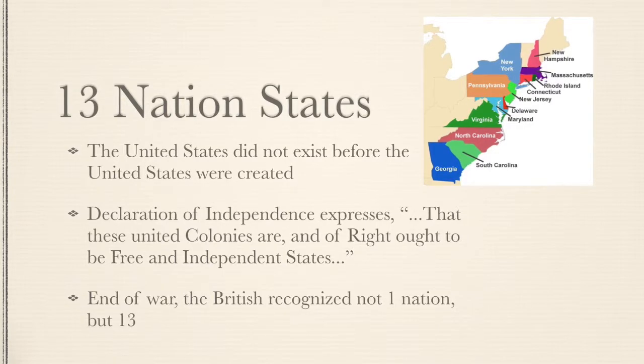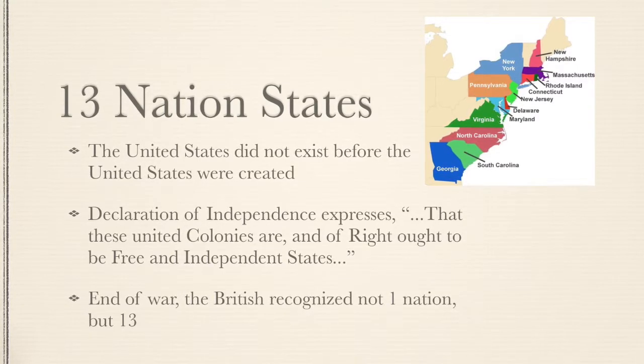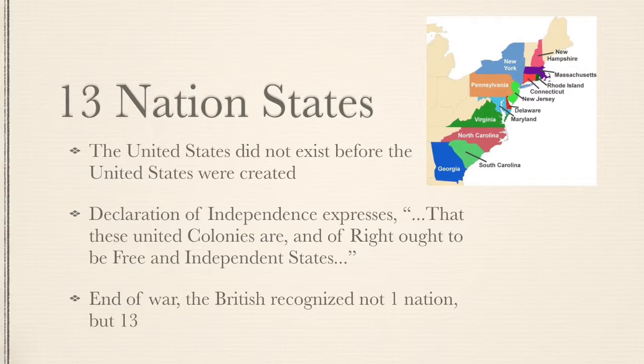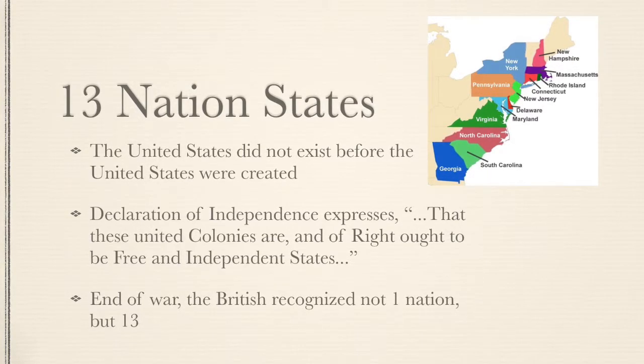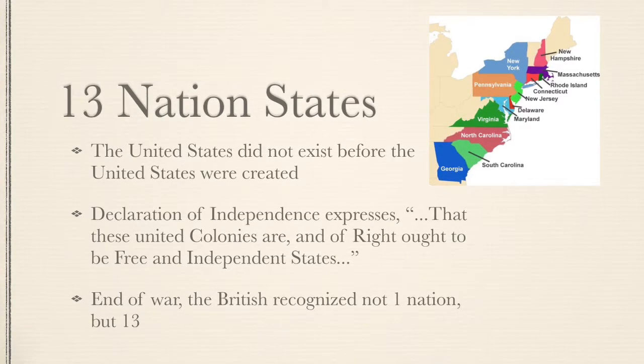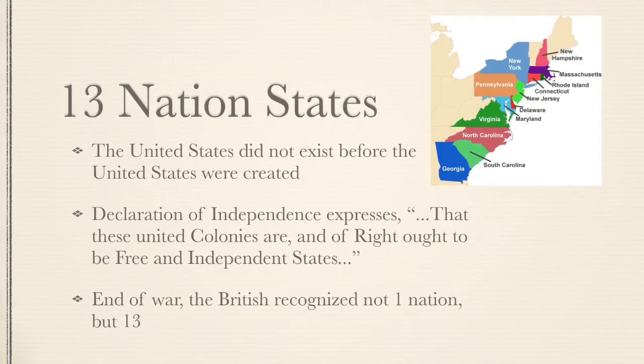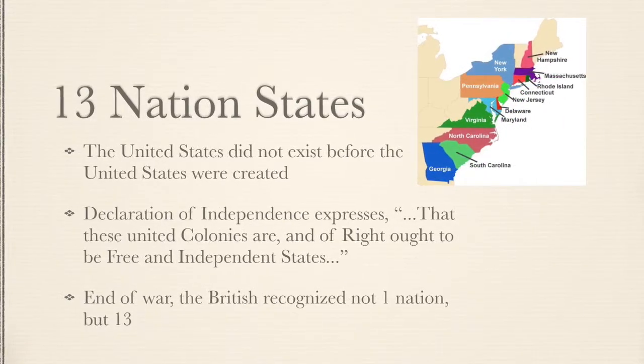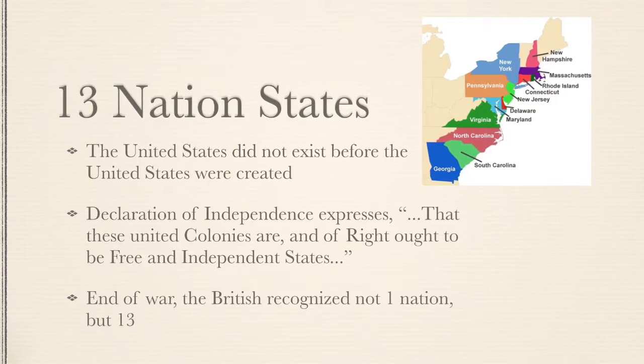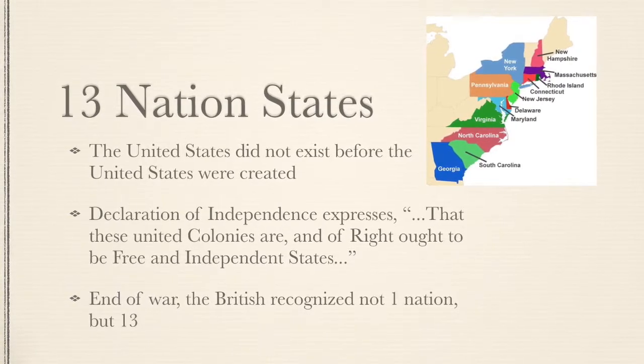And when the Revolutionary War ended, the British recognized the independence not of one nation, but the independence of each specific individual nation-state in the same mold as England itself. The independence of 13 new sovereign states as the nations were recognized.